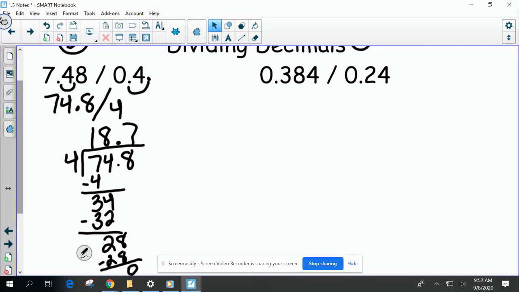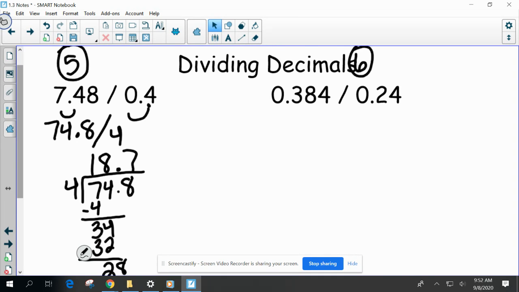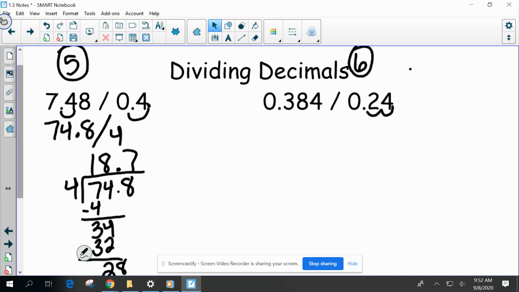Okay, so we're going to do the same process for what number is that? Number 6. So I can't have any decimals in my denominator. So what I'm going to do is move my decimal over to the right 2 to get rid of it. So what I do to the denominator, I have to do to the numerator. So I'm going to go over to the right 2.